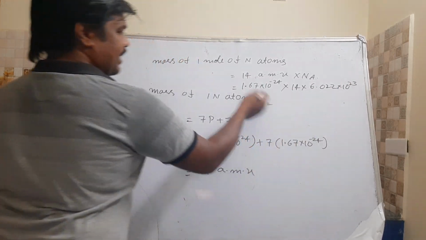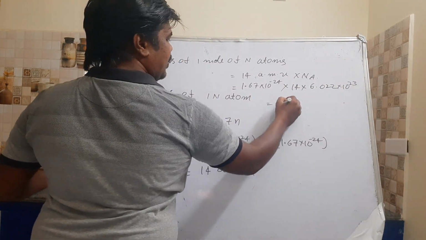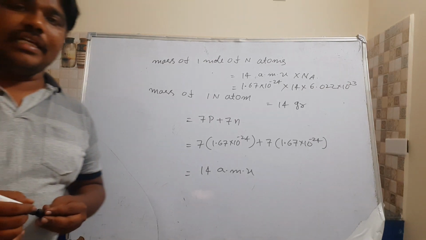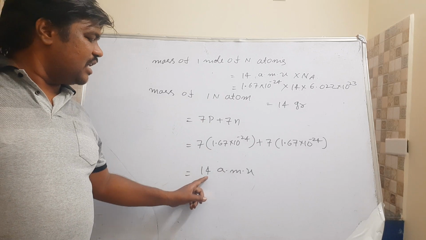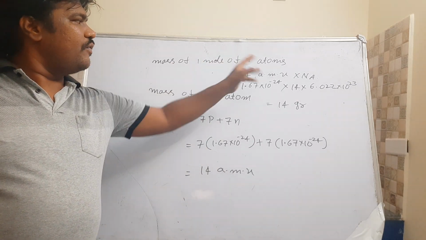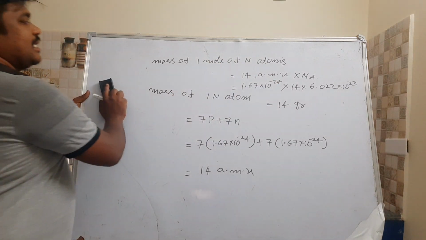Here this one and this one multiplied give 1, so it is nothing but 14 grams. This we discussed in the previous class: the mass of one nitrogen atom is 14 atomic mass units, so the mass of one mole of nitrogen is 14 grams.